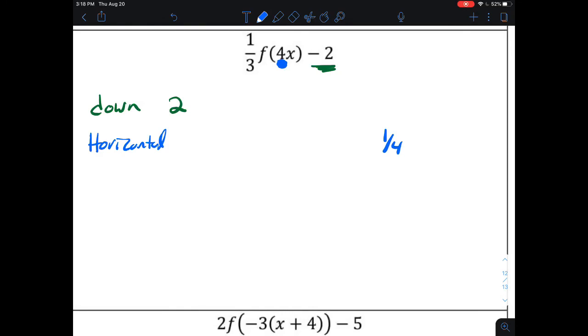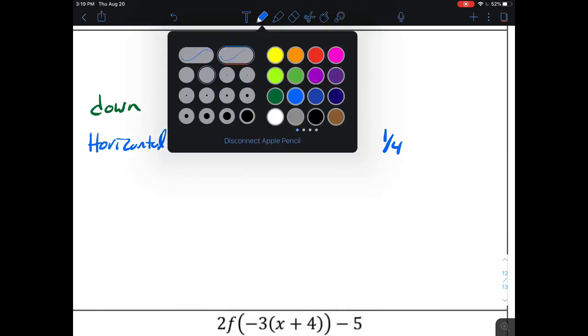Now I ignore the sign when I make these calls, but it's positive, so it wouldn't have mattered. So the reciprocal of 4 is 1/4. 1/4 is smaller than 1, which means I shrunk this graph, I compressed it. And 1/4 is the factor. So basically all the x values are multiplied by 1/4 to create this transformed function.